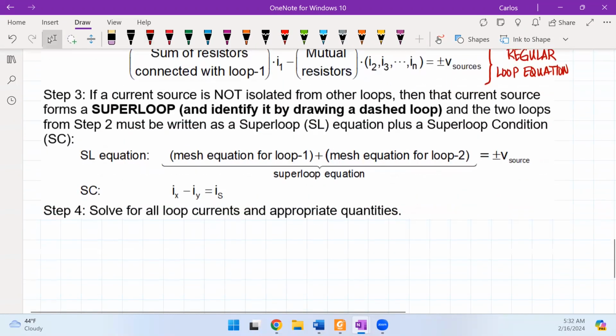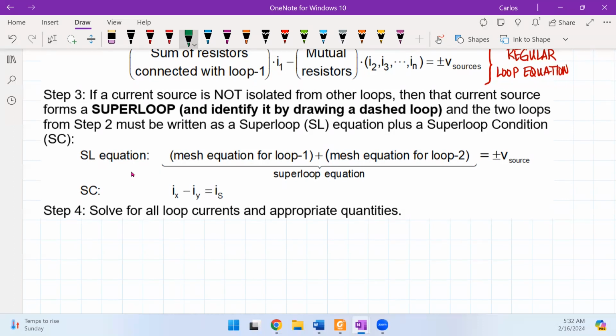However, if a current source is not isolated from the loops, then we form a super loop. So for a super loop, we have to write 2 loop equations into 1 super loop equation. I'm going to write the loop equation for loop 1 plus the loop equation for loop 2, and then I look at the sources around that.